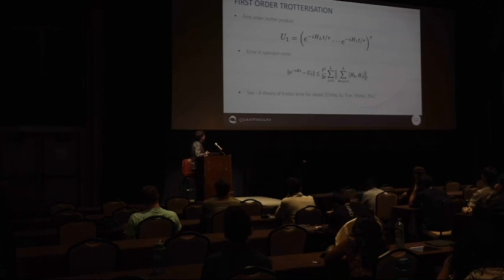The error is actually very, very complicated to derive exactly, and this was only done, I think, in 2001 by this power team of Andrew Childs, Yuan Su, and Nathan Wiebe, and collaborators. Essentially they derived these bounds, where here you have the norm of the exact operator versus the operator norm of the trotterized unitary you're implementing.